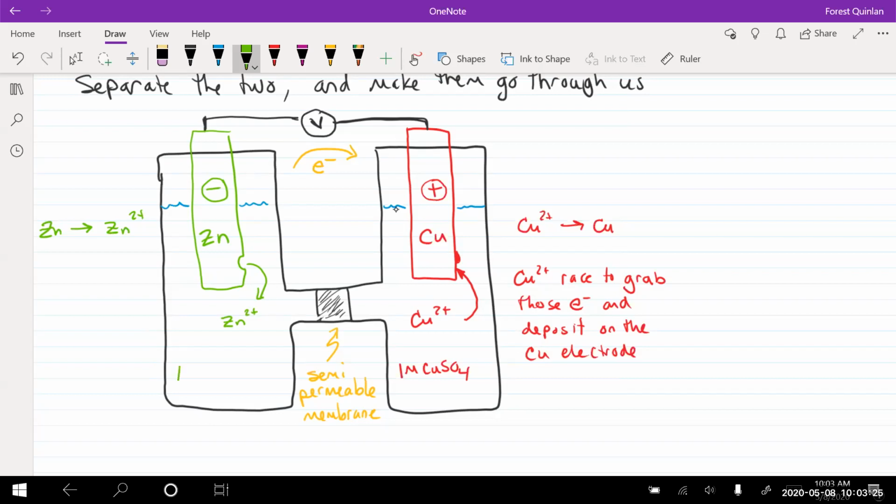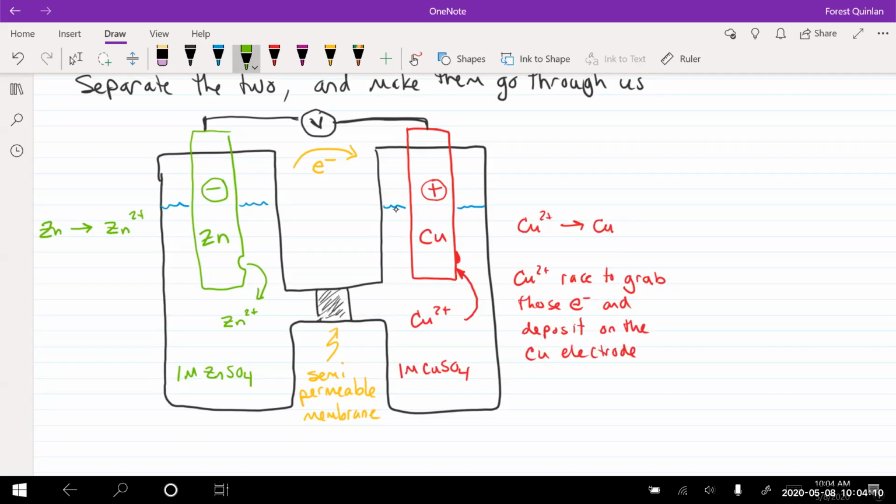And down here we might have, say, a 1 molar zinc sulfate solution. Okay, so we have a flow of negatives over toward the copper. Copper 2 pluses are running up, seeing those electrons, going, thank you very much. They get their charge reduced because they gained those electrons. They now become solid copper, and they start piling up on that copper electrode. The zinc, in order to do this, has to give those electrons up. Well, the only way to do that is to take them from one of itself, creating a zinc ion, which will pop off and float around into solution.